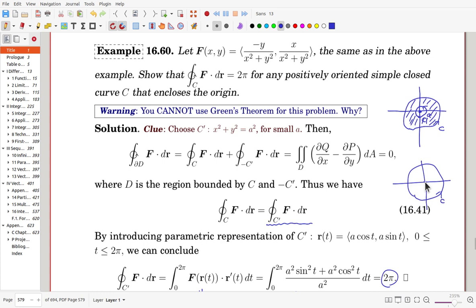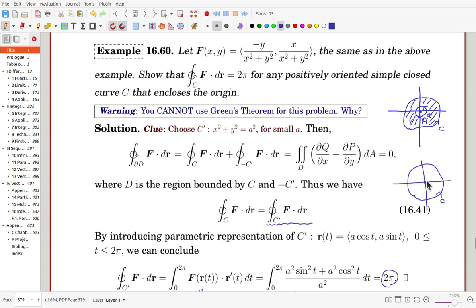But for that one single point, it is not orientable. At this point, you may look at either this direction or that direction, so for a point we don't have any orientation. That's the reason we make another circle and exclude this region, so that the boundary can be oriented.